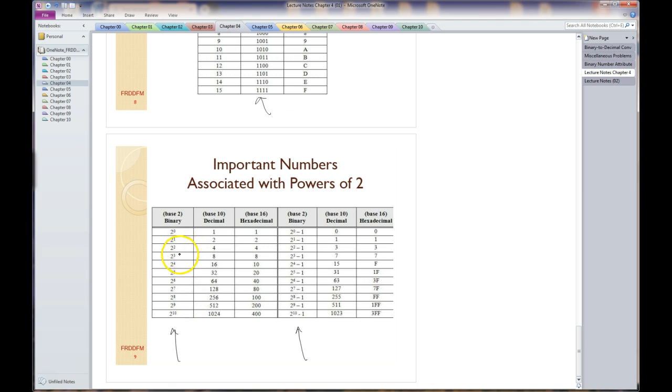Here are your 2 brought to the integral powers. Here's the associated decimal number, and here's the associated hex number. What's interesting here is the hex. It's 1248, 1248, 1248. You can see this repeating pattern, 1248, and then it shifts over 1 digit, etc. Very, very nice to work with.